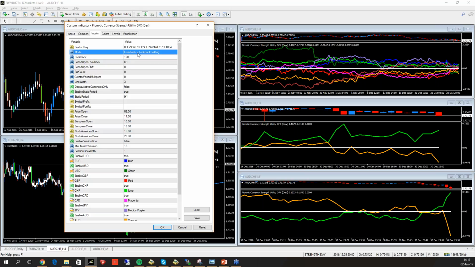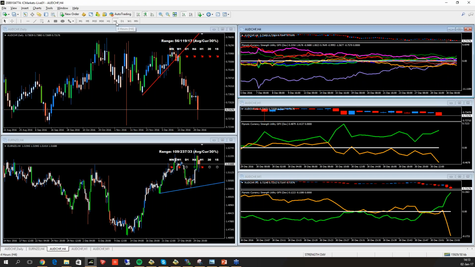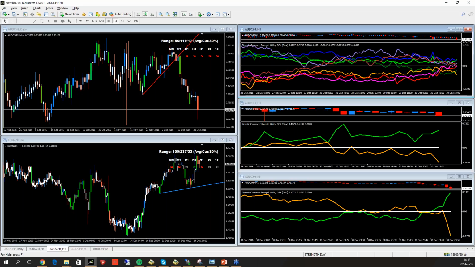And for the look back setting, which is the current configuration, if enable static period is set to false, then the indicator will look at the time frame that the chart is currently on. So now we are on the 4-hour chart, so the indicator is looking at 120 4-hour periods. If you go to the hourly chart, it's looking at 120 hours.